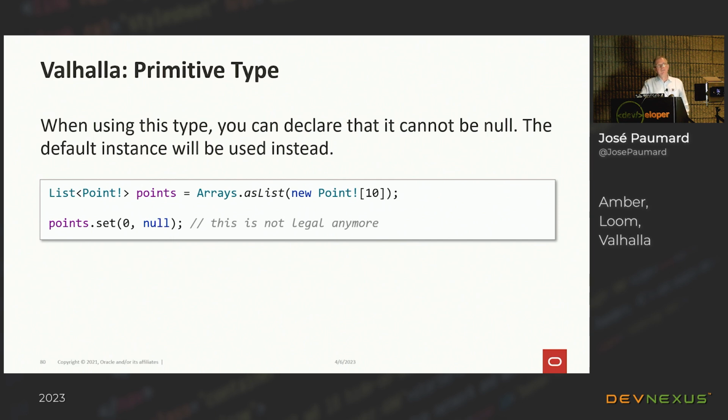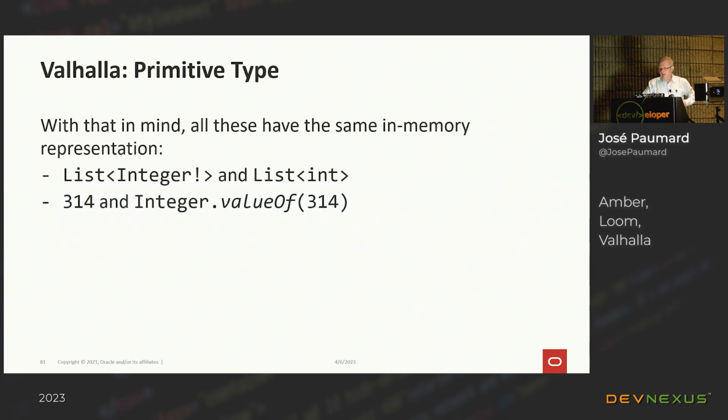Okay, and if you do all this, summing your array or your list of population will have the exact same performance as summing an array of ints, because in memory, what you have is an array of ints. You can have this kind of syntax, which is kind of weird, but it works.